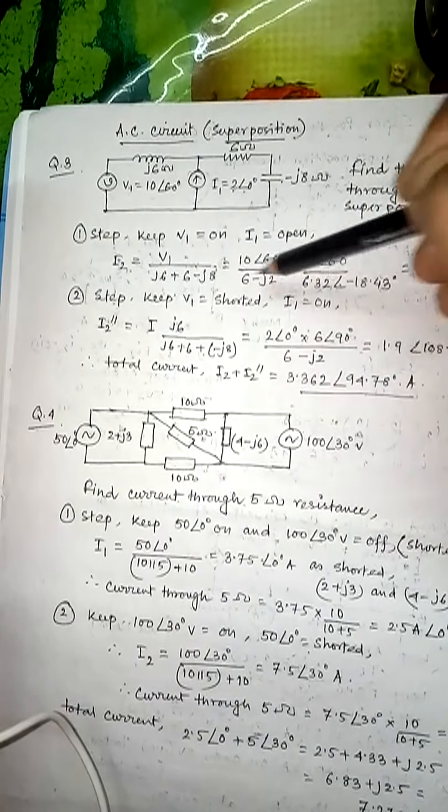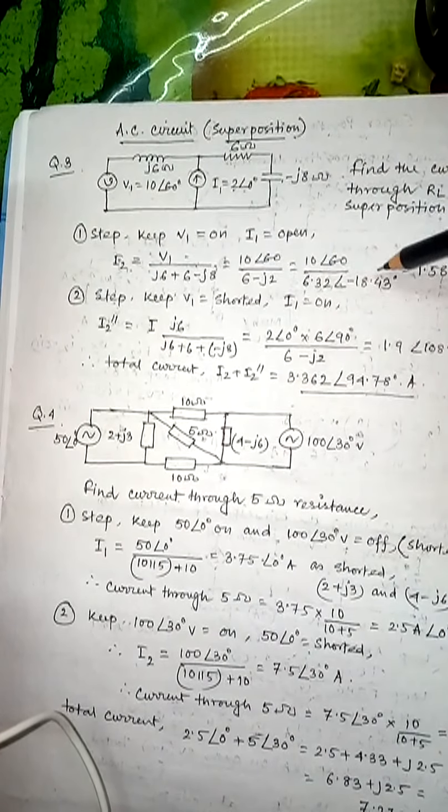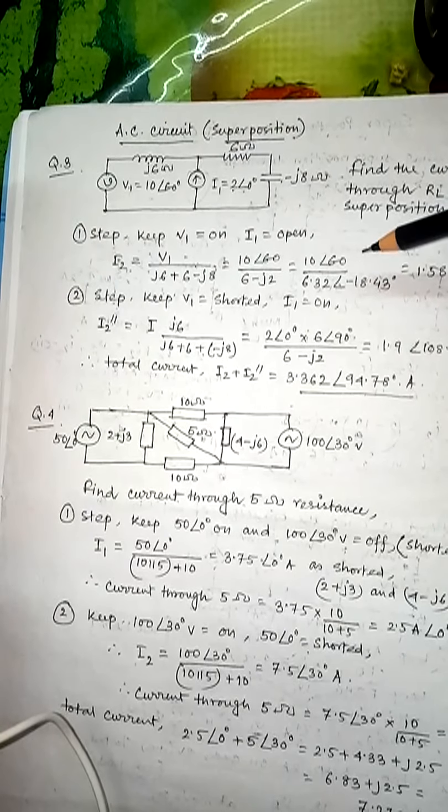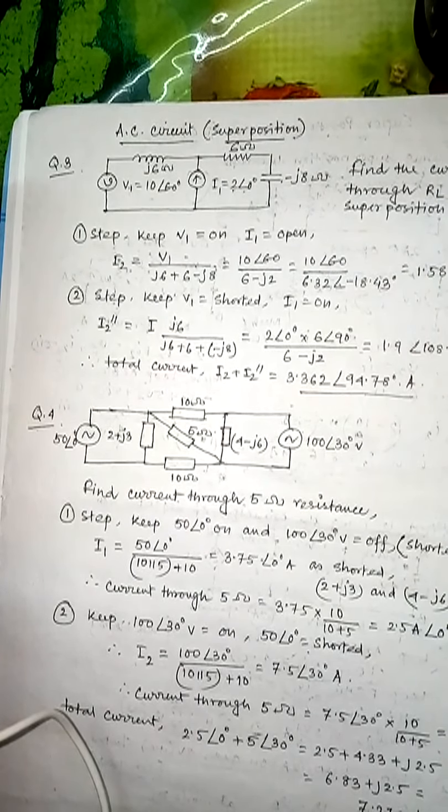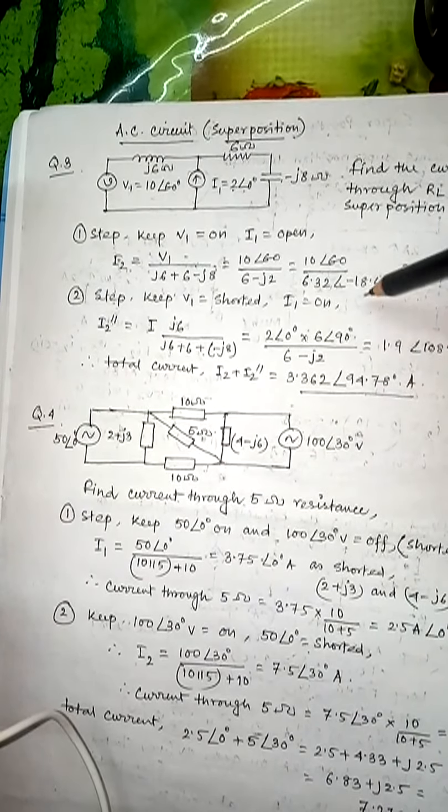Just use the amplitude modulus conversion, as I already told you in the previous Norton's and Thevenin's AC examples. Subtract it out and you will get I2.